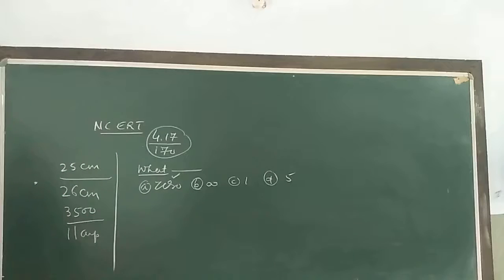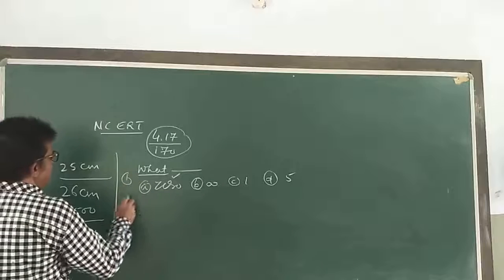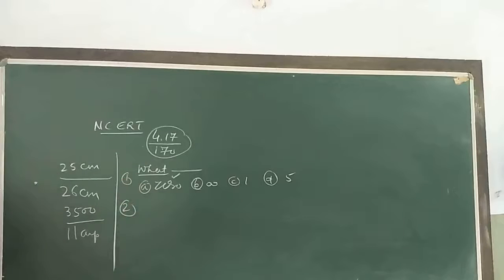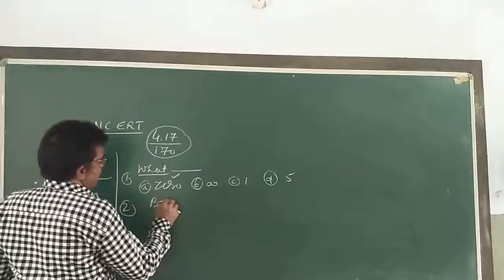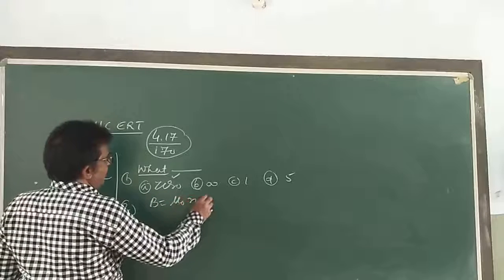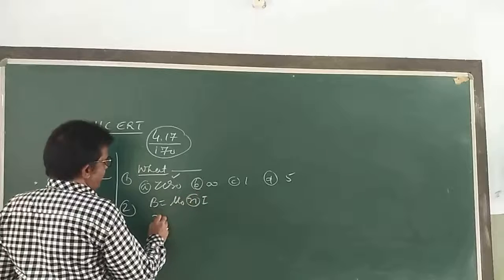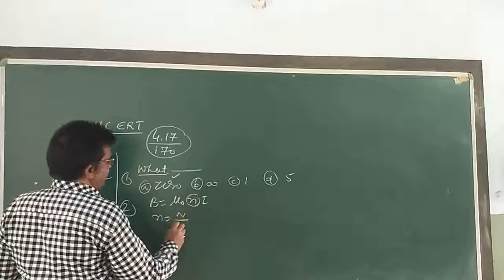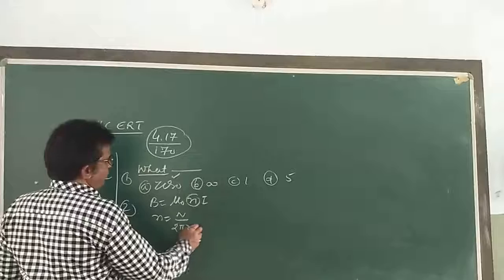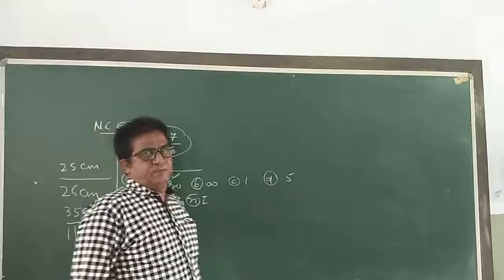Similarly, we can ask what is the magnetic field inside the core of the toroid. Inside the core, the formula is mu 0 n I. Here n is the number of turns per unit length, that is N divided by 2 pi r, as the circumference of the toroid is 2 pi r.